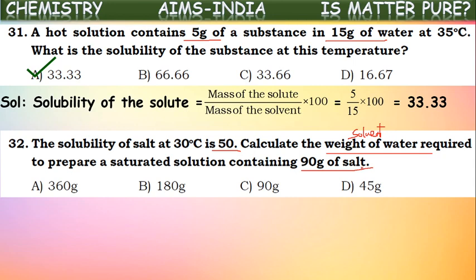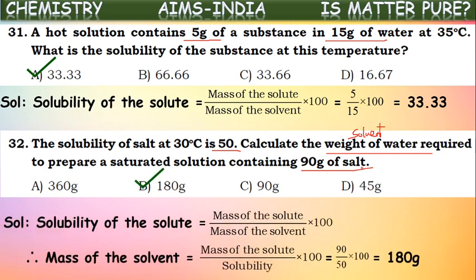So here also we use the same formula of solubility. Solubility is equal to weight of solute by weight of solvent, with the same units, into 100. By using that we can calculate the weight of solvent. Let us see the solution. Solubility is equal to mass of the solute divided by mass of solvent into 100.